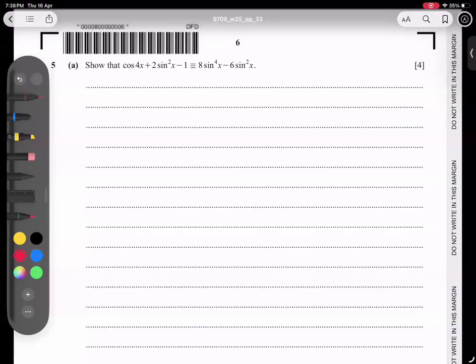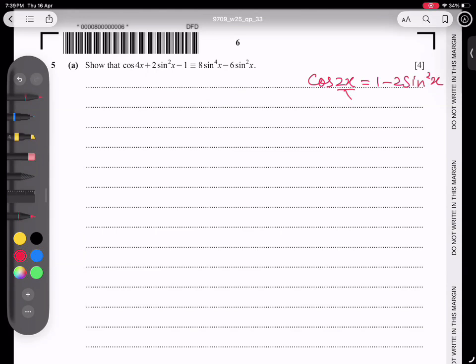So students, question number 5, we have to show first of all this equals to the other one. Main part is this is a single x and this single x here, but here 4x. So we have to focus on cos 4x. And before I start, just bring your attention on this formula. We have formula 1 minus 2 sine square single x.